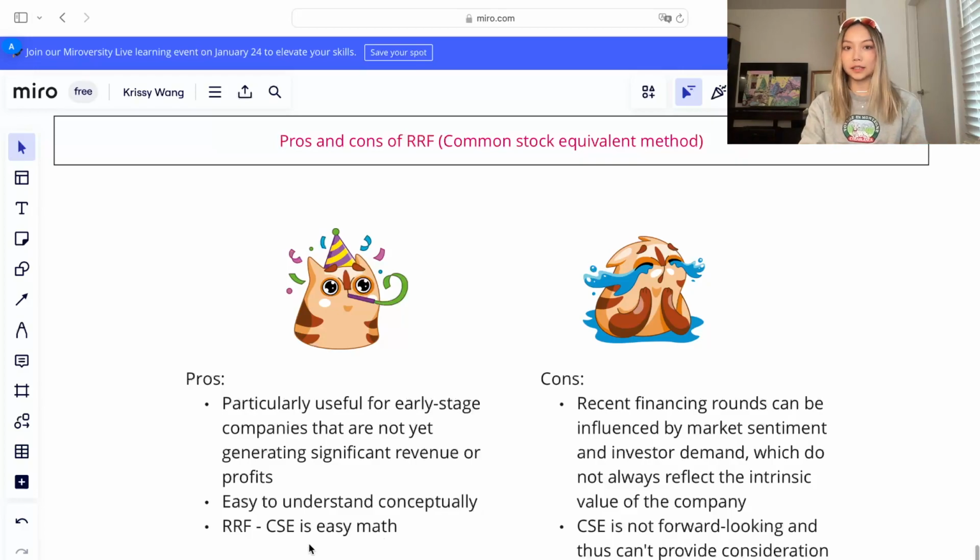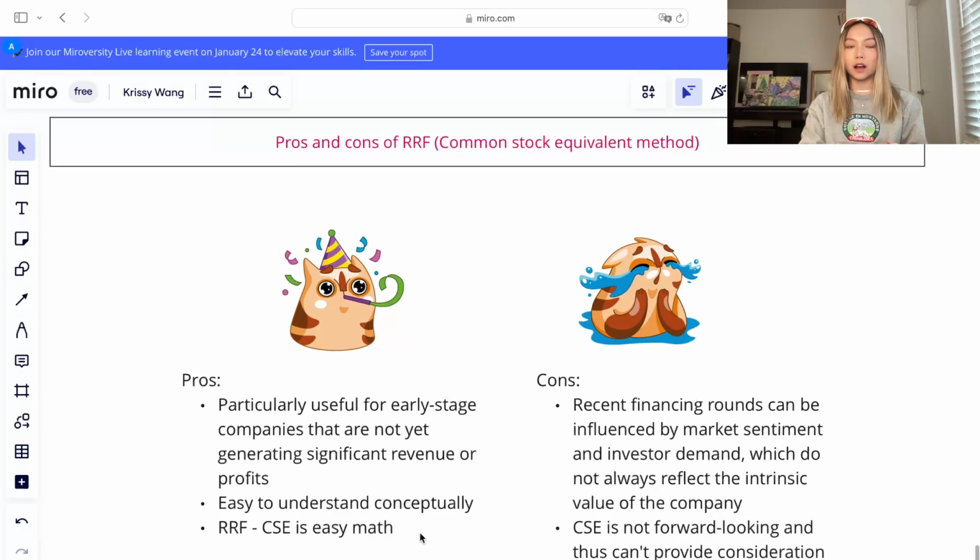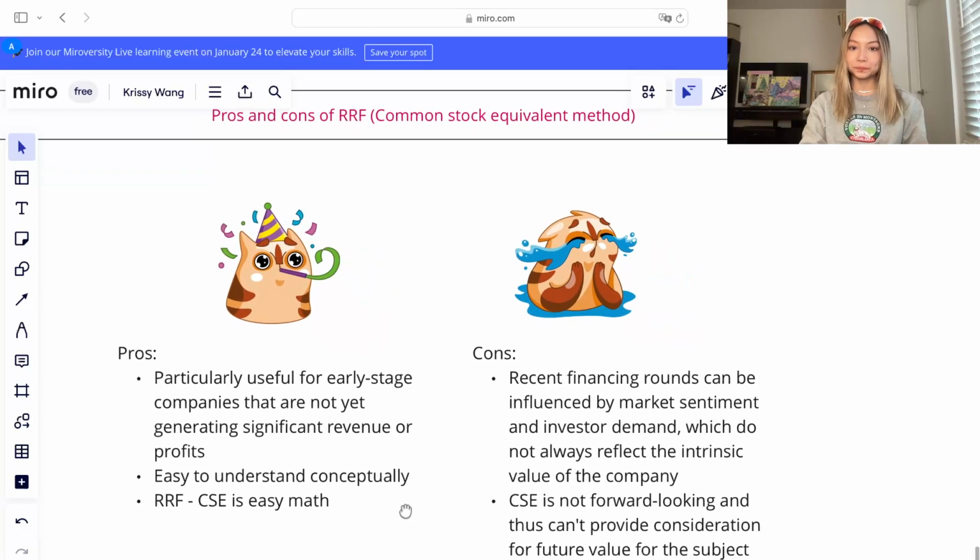And last but not least, it's a very cost-effective method, which is one of the reasons why common stock equivalent is a lot of the time preferred over OPM, especially when the clients are not paying enough money, or you don't have a good calculation software or Excel model to do the more complex calculation that is OPM.